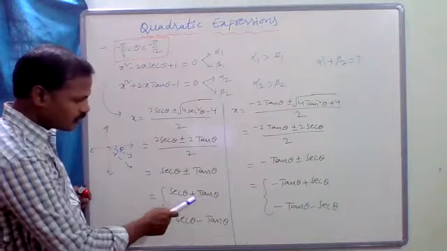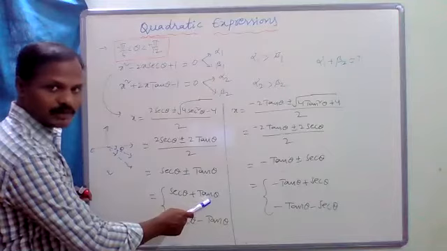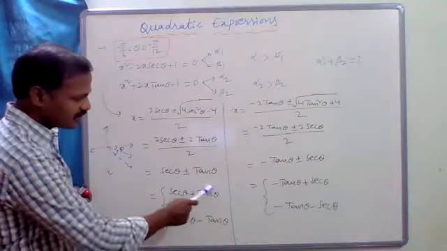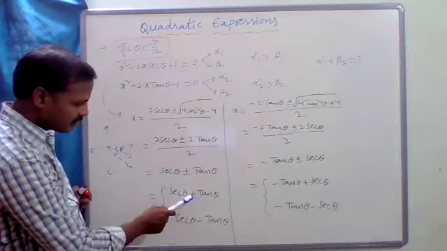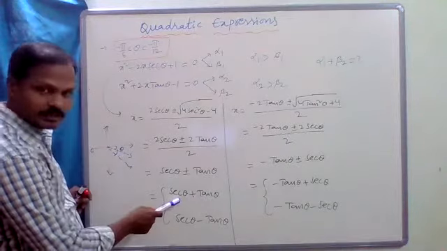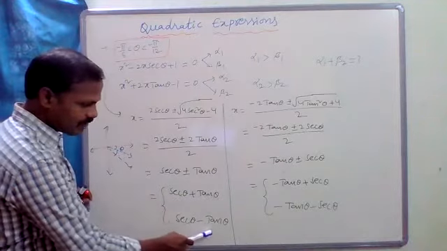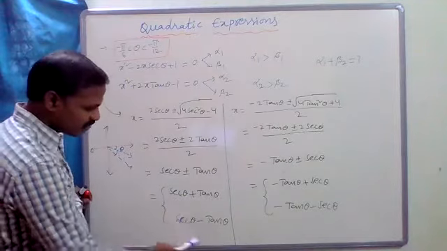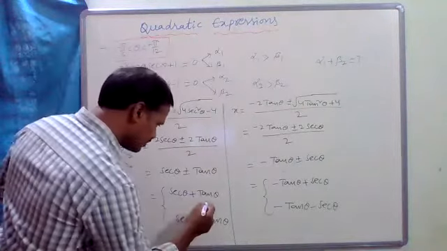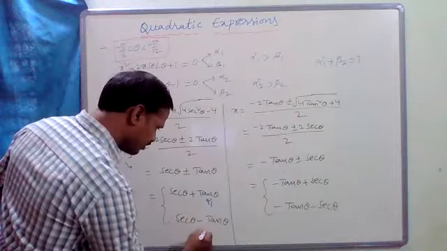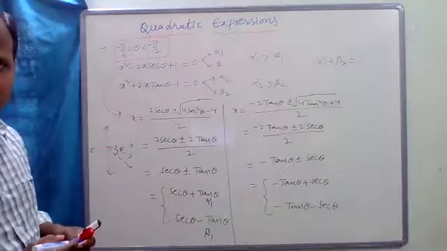So it is a positive quantity minus some quantity, so this is less than this one. Clear? Here secant is positive, this is positive, this is negative. Positive, negative of negative, positive. So this value is bigger than this value. So this one is alpha 1, and this is beta 1. Is it okay, all of you?